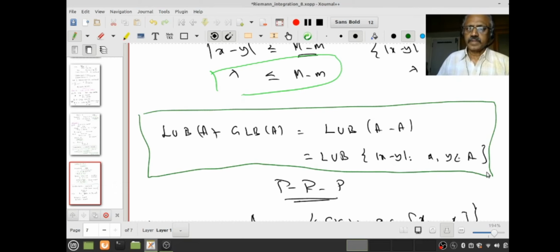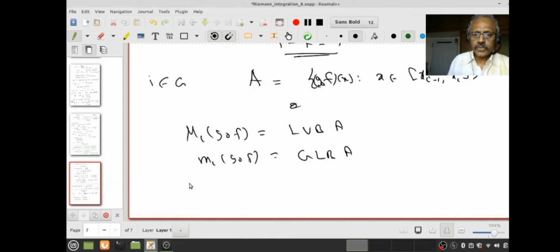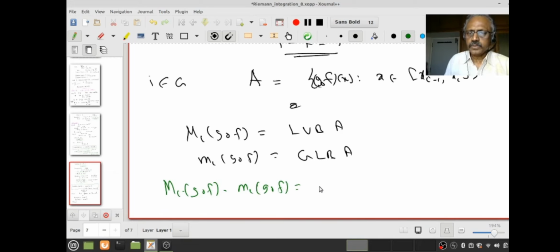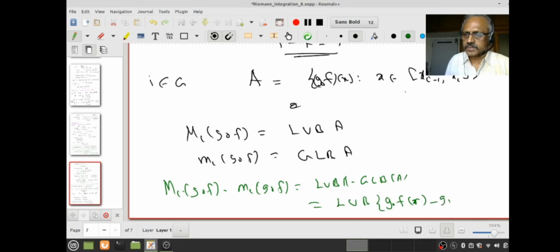Yeah, right. So what do I know? Therefore capital M_i of G composite f minus small m_i of G composite f is equal to LUB of this set minus GLB of this set, but that is equal to LUB of the modulus of G composite f at R minus G composite f at S, as R and S vary over x_{i-1} to x_i.